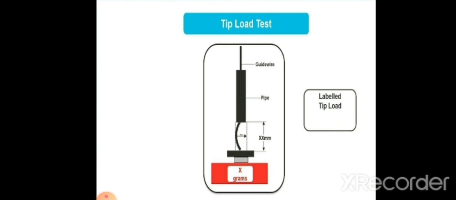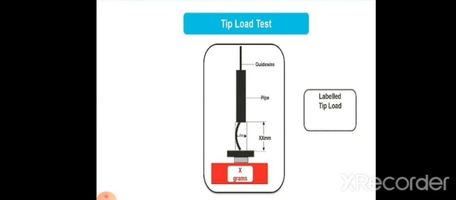One of these is the tip load of the guide wire. For everybody to know exactly what the tip load test is, imagine that you have a wire hanging freely with the tip facing downward onto a balance, and you let it touch the balance freely.